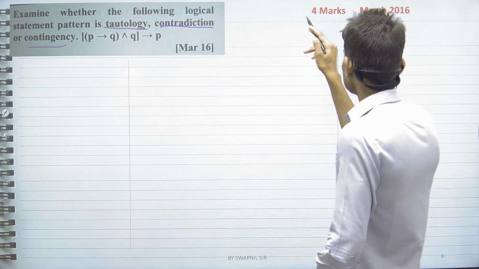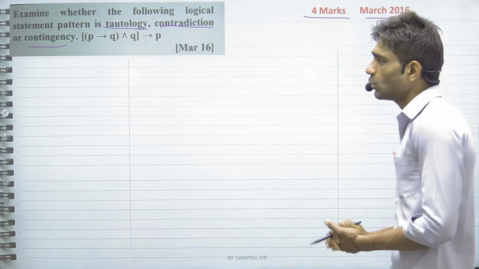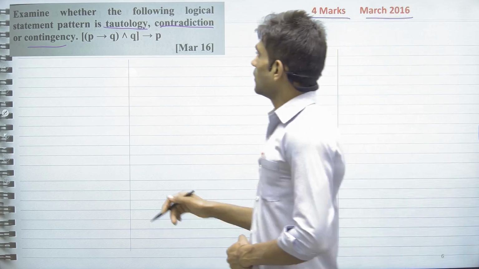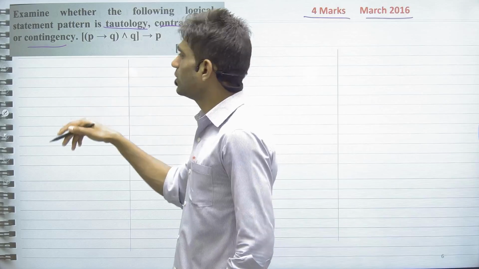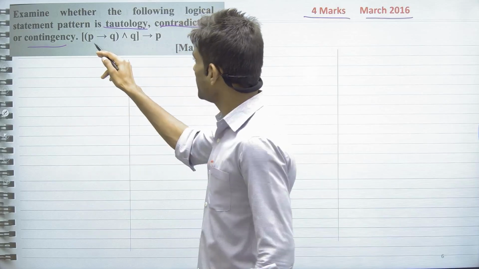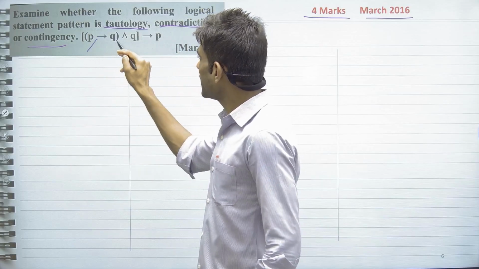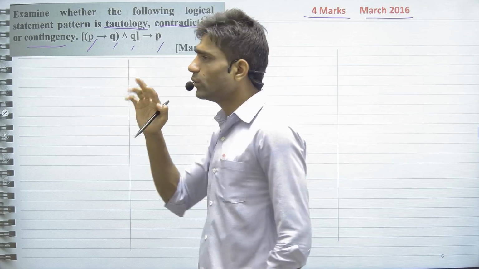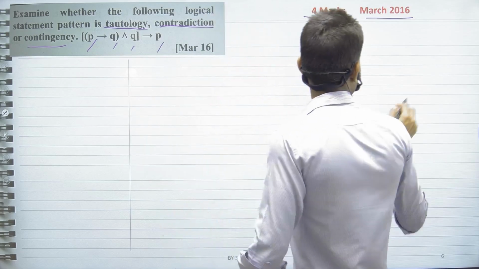This question was asked for 4 marks in the March 2016 board exam. First, define the truth table for the statement. How many statements do we have here? P and Q, so only 2 statements.